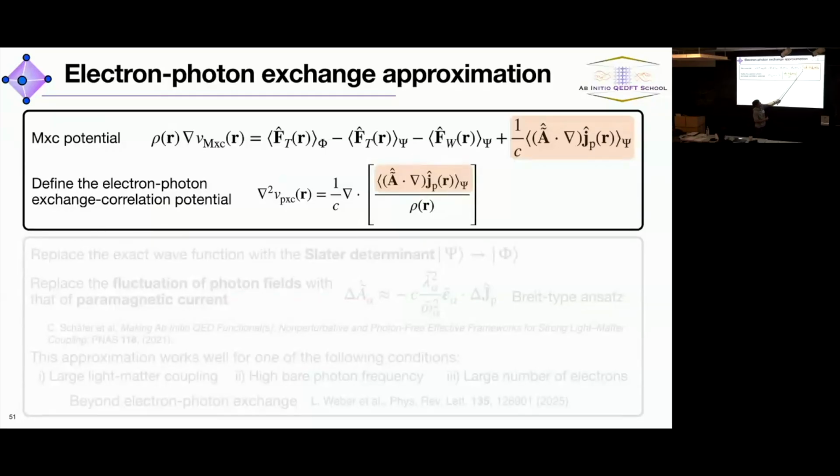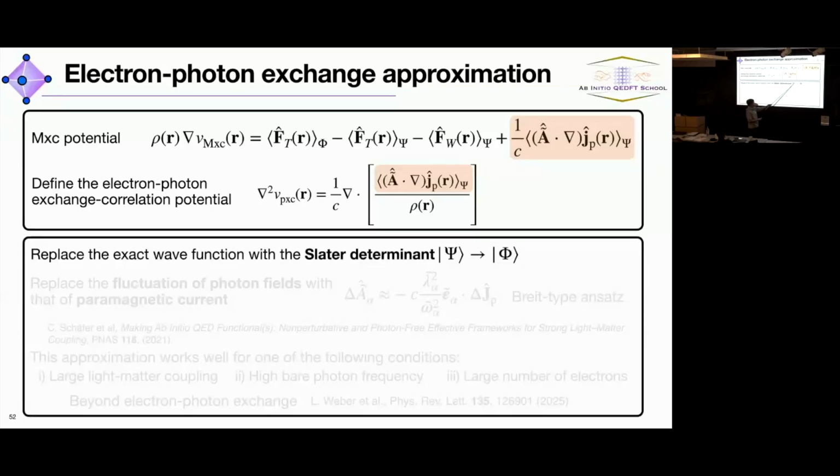We take this term out, divide by the electron density, and we define the corresponding electron-photon exchange correlation potential. Next comes some approximation, because the exact wave function contains the electron and the photon, and now we are going to replace it in terms of the Slater determinant for the electronic wave function.